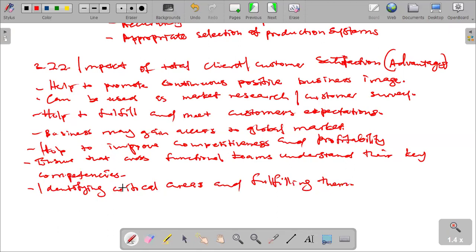Critical areas can be identified and fulfilled through total quality management.